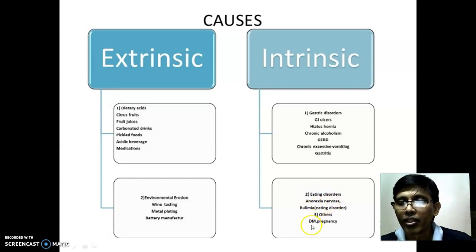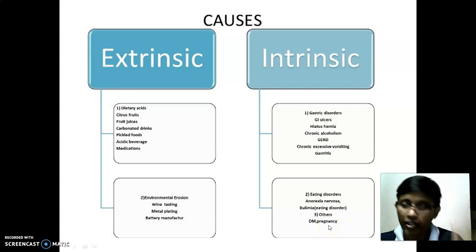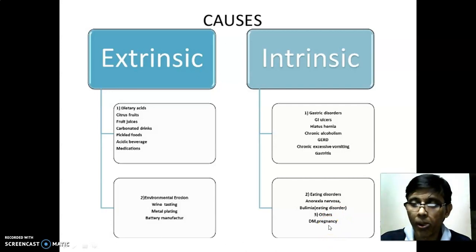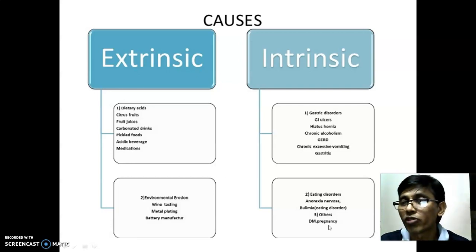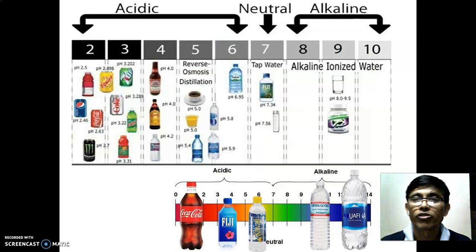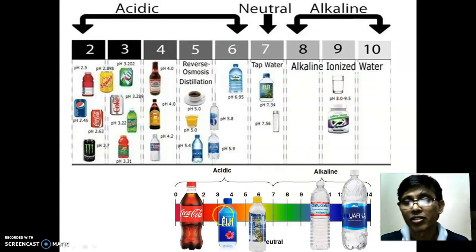Then in diabetes mellitus also you will have some kind of acidity. Pregnancy also shows it in the initial trimester, more acidity and change in the gastric reflexes. So the vomiting is more, and the gastric juice comes out and touches your teeth, causing an erosion cavity.